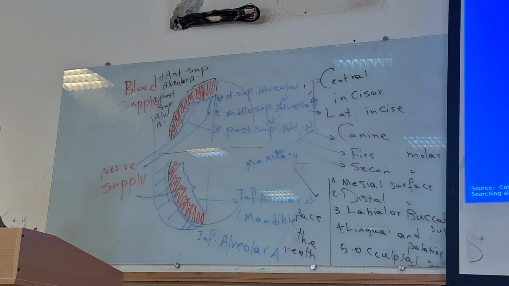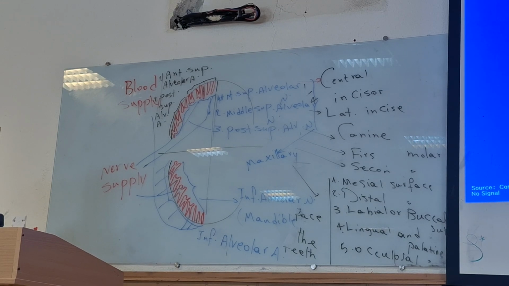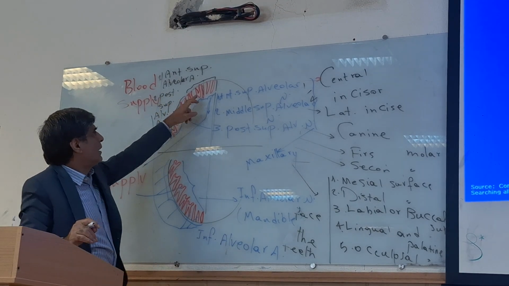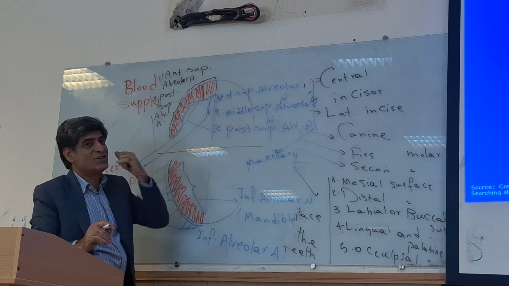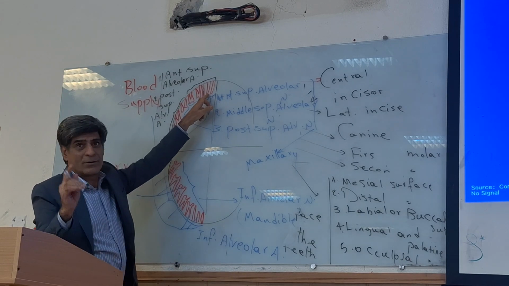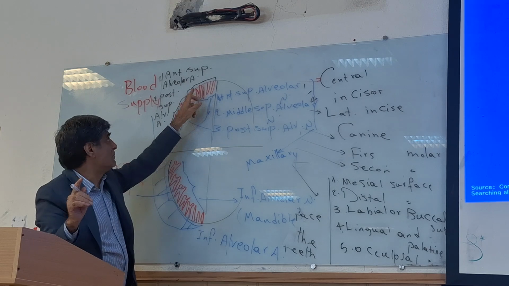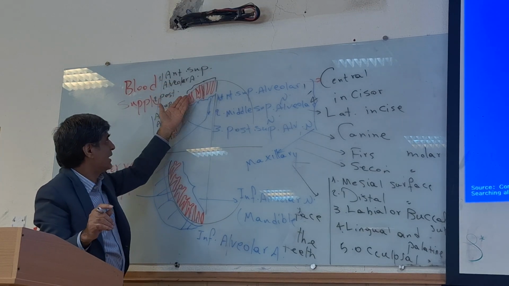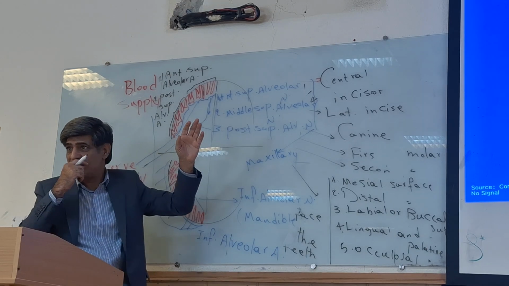Okay. Labial gingiva, what's the meaning? Gum. Upper part, gingiva. Nerve supply or sensory part: the anterior superior alveolar nerve, and the same.